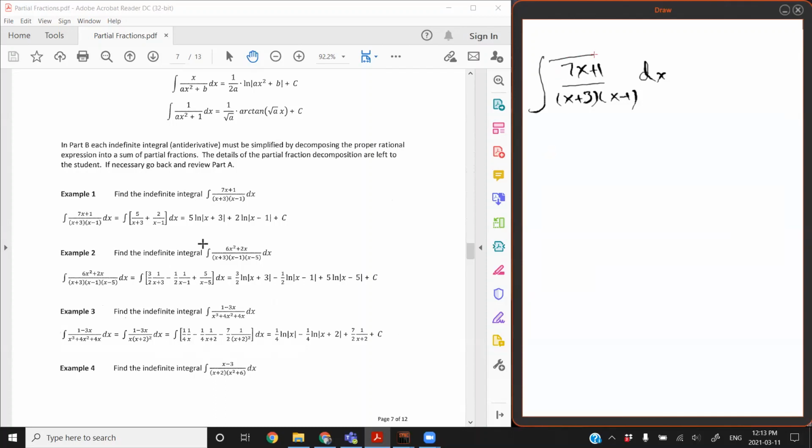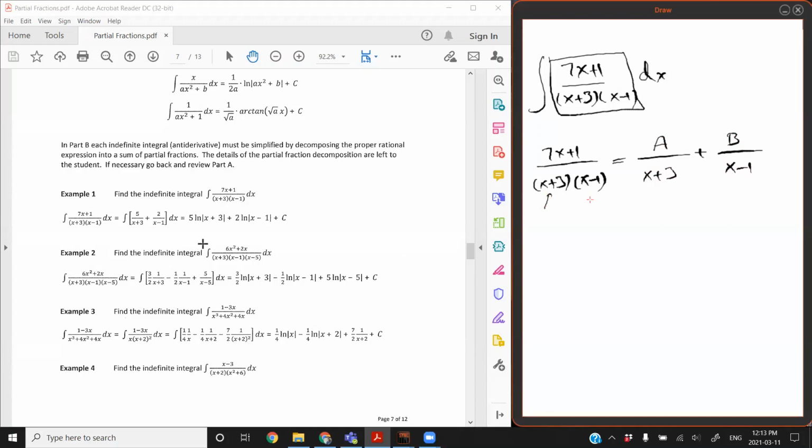Your first step would be to decompose that, and I know that 7x plus 1 over x plus 3 times x minus 1 can be decomposed into the sum of two simpler fractions, where you have A over x plus 3 plus B over x minus 1. How do I know that? Because it's case 1.